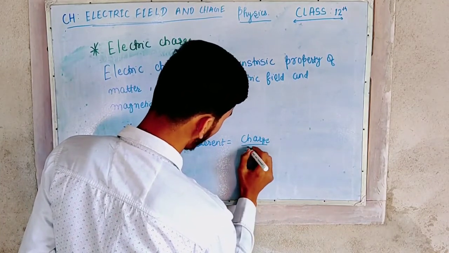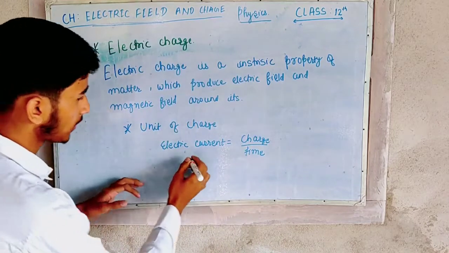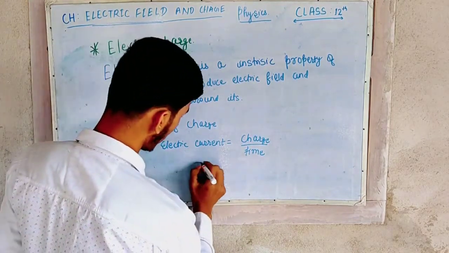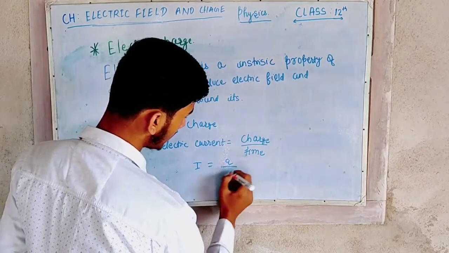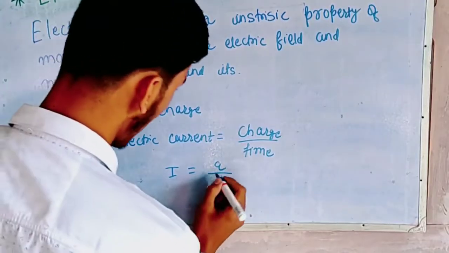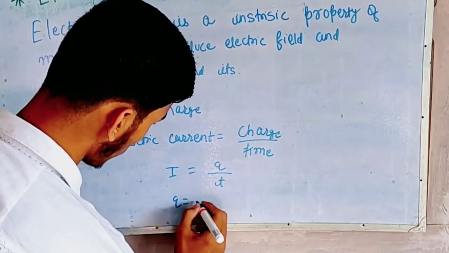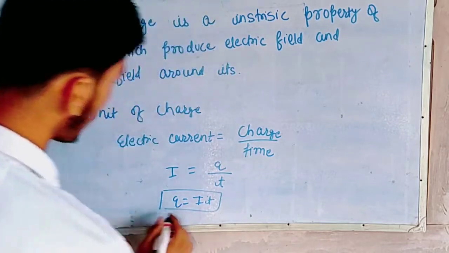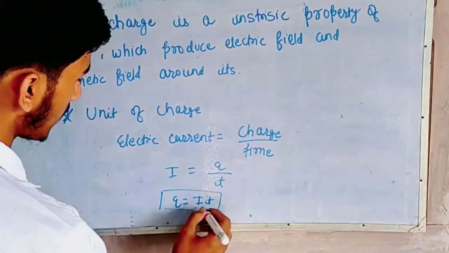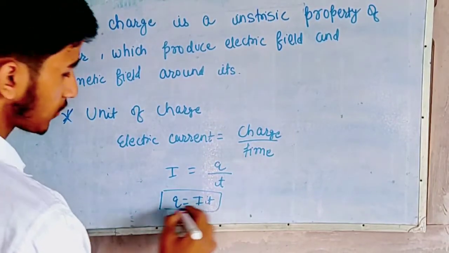We can write electric current as I, and charge Q by time T, right? So Q is equal to I into T. This is the unit of charge: Q is equal to I into T, where I is electric current, T is the time and Q is the charge, right?